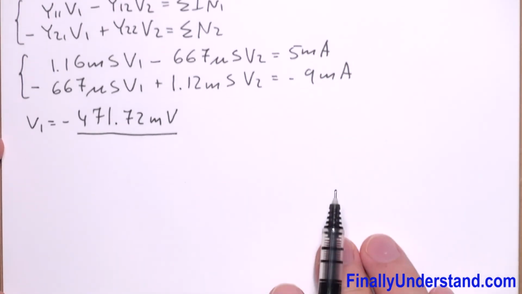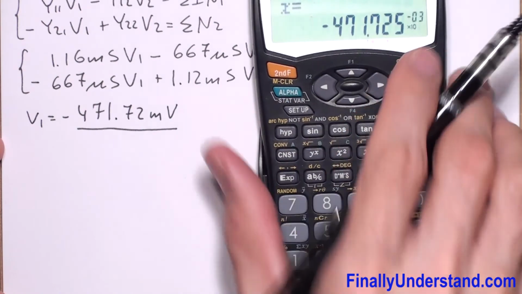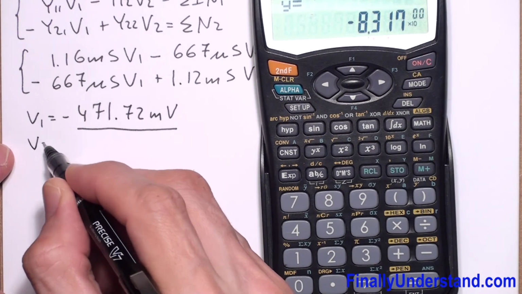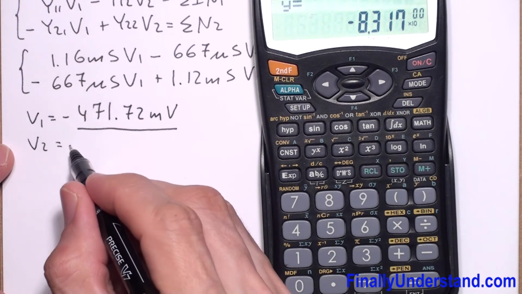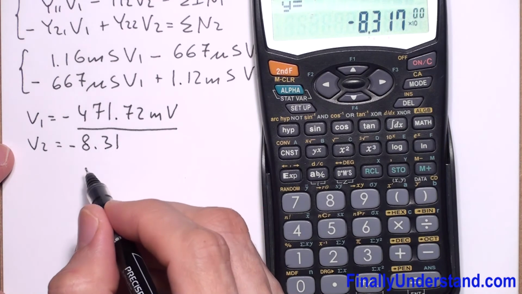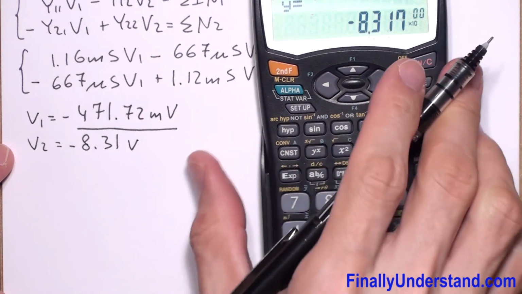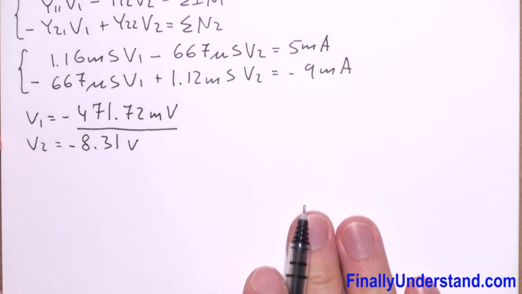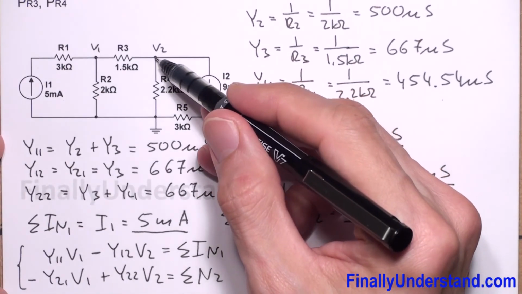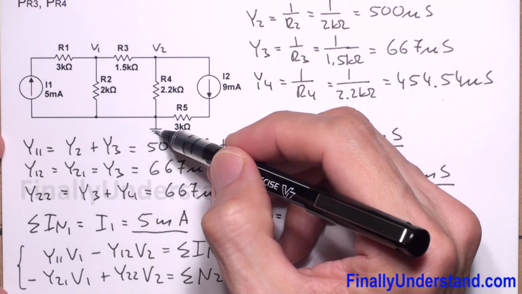Next, my V2. V2 is equal negative 8.31 volts. So this is the voltage between this node and ground.